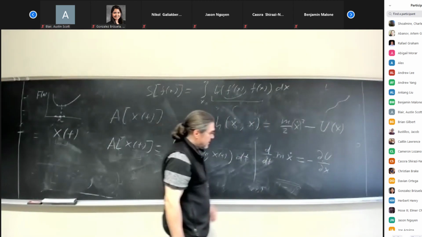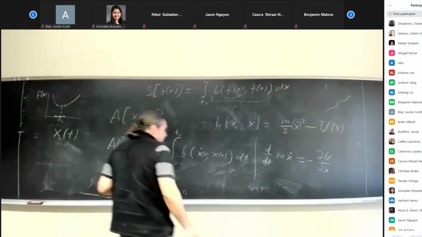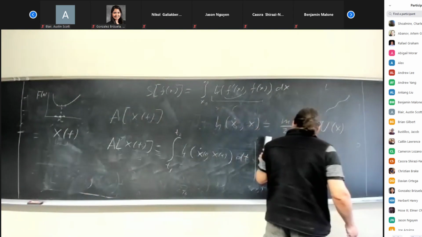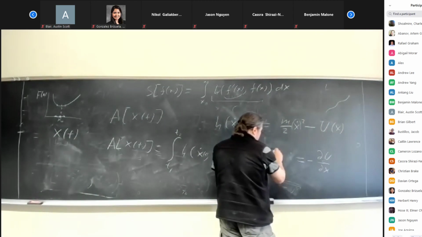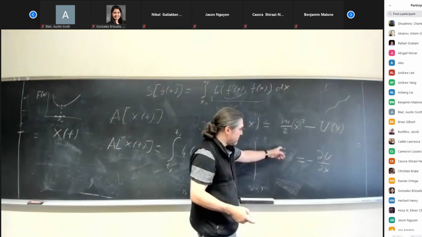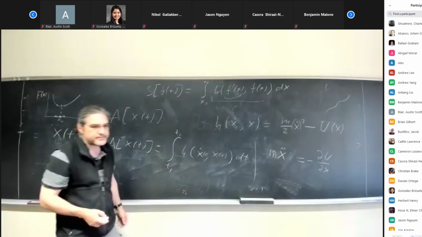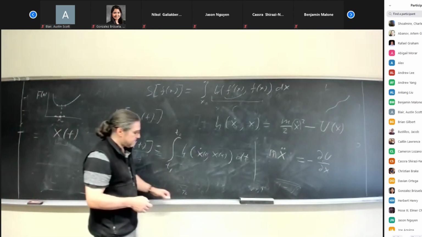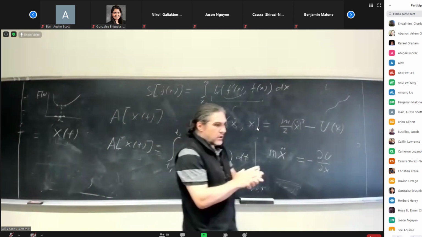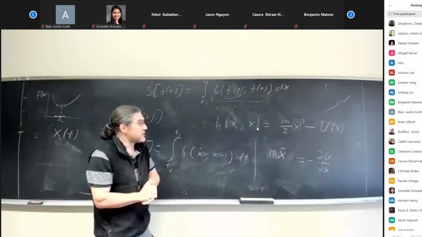If mass does not depend on time, then what I have here is just m x double dot, two derivatives over time, equals force. It's Newton's equation. Okay. So it turns out that that's another reformulation of the Newtonian equation, of Newtonian mechanics.